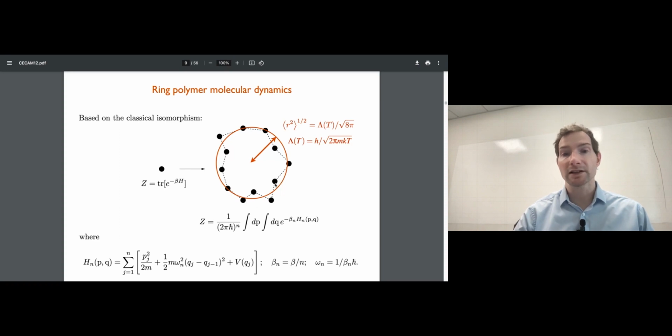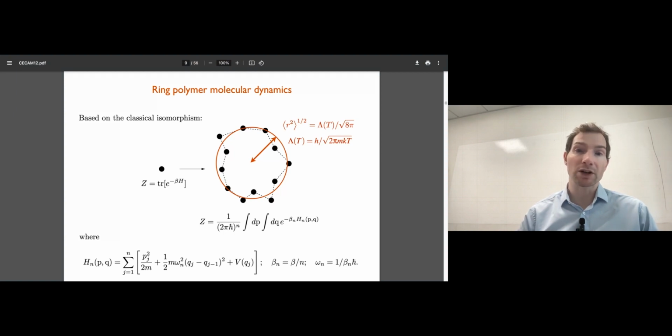Okay, and this isomorphism is actually quite amazing. It's really matching a quantum problem onto a classical one insofar as it pertains to equilibrium properties, so time independent properties of some systems. And when I say time independent, that would be things related to temperature, to the specific heat, things like this.